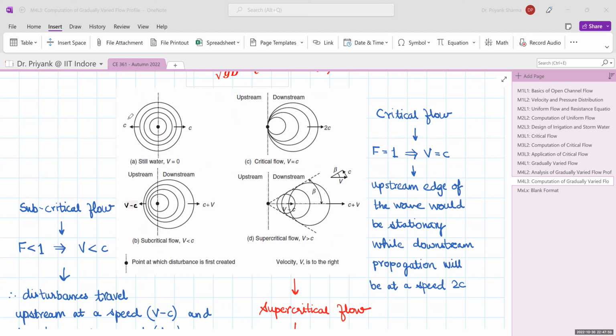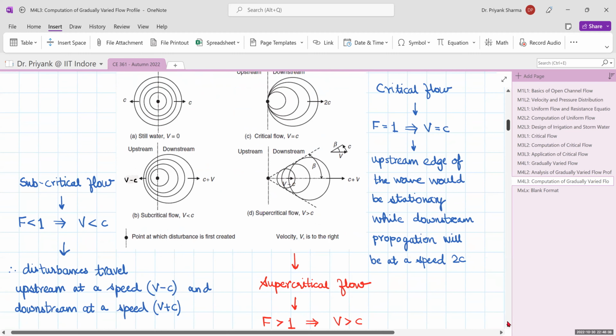Now we may have different types of flow, so let us begin with the subcritical flow. In subcritical flow, your Froude number is less than 1, and thus your velocity is less than the celerity of the wave. In this case, the disturbance travels upstream at a speed of v minus c and downstream at a speed of v plus c.